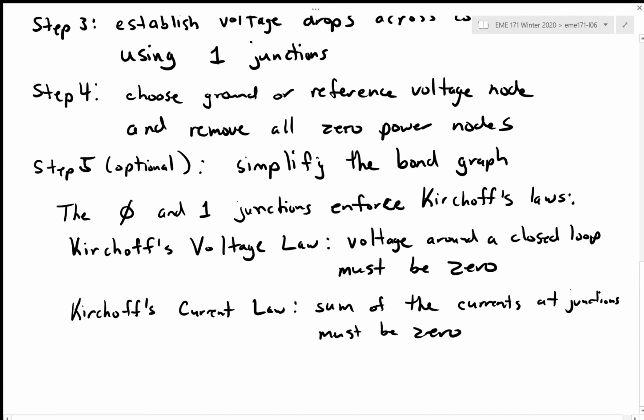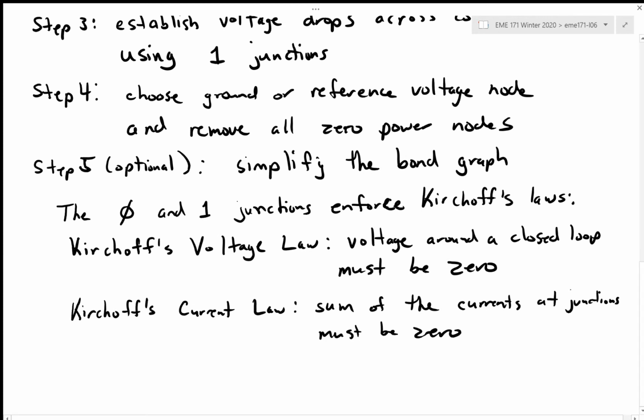Right, so at every 0 junction, we will sum the currents and ensure that those are 0. And I may have said incorrectly, the 1 junction is going to associate with the voltage law, which will let us sum the voltages. All right.